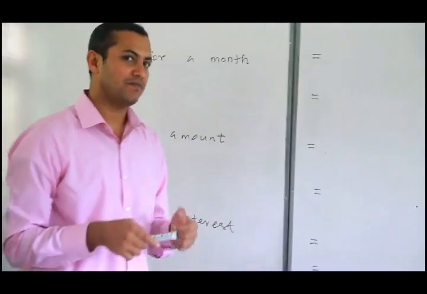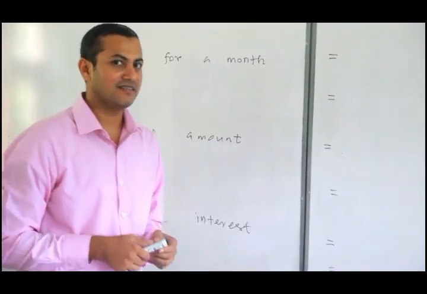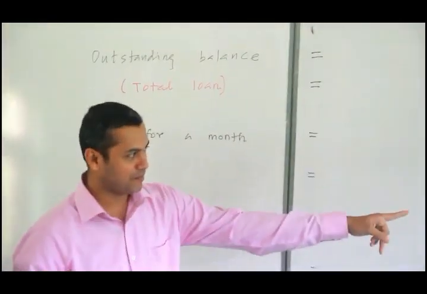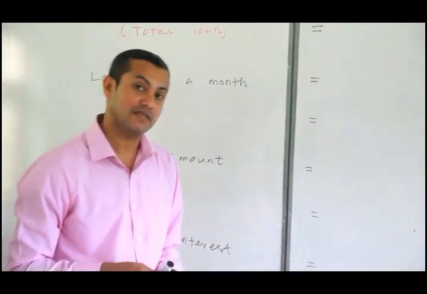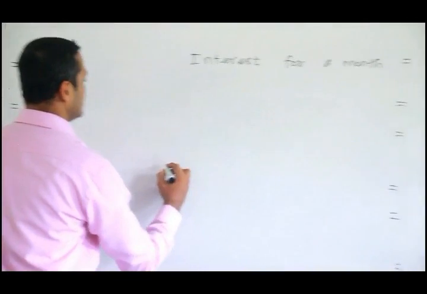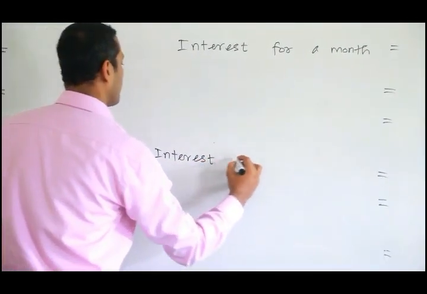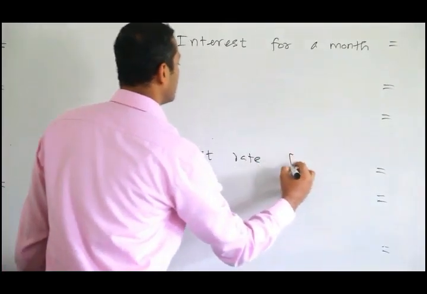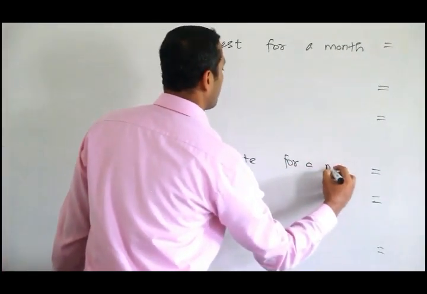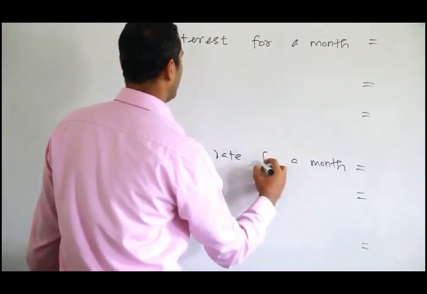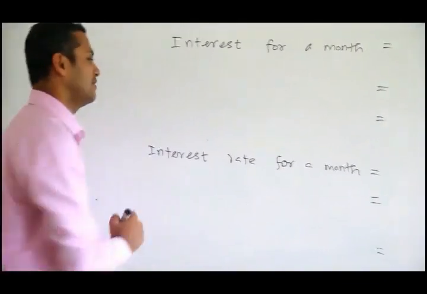What was the second step? Earlier, interest rate for a month, right? Here, that second step becomes the 7th step. So I am going to write interest rate for a month.